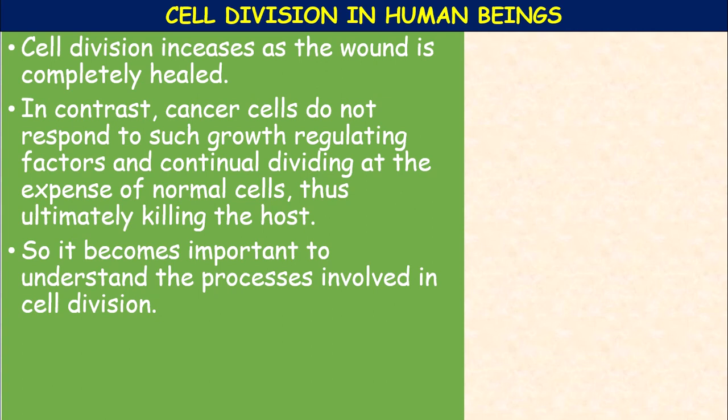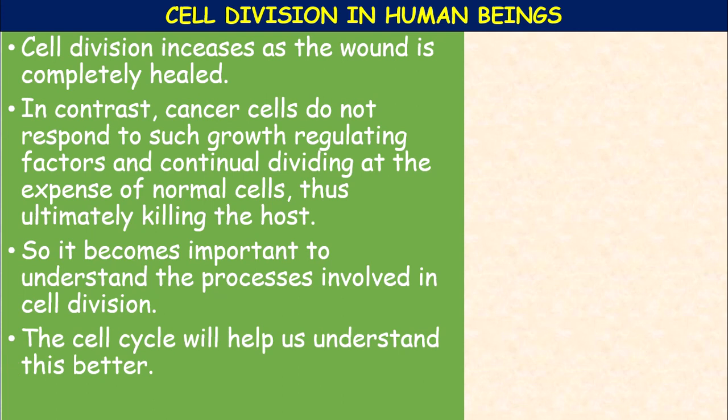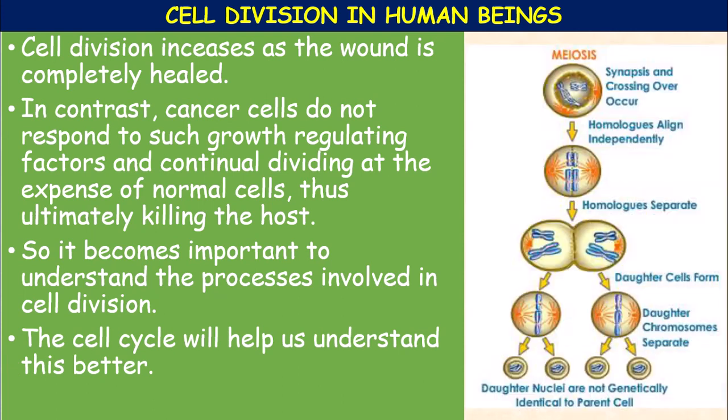So it is important to understand the process involved in cell division. So the cell cycle, to understand cell division. Okay? So the cell cycle has interphase and the mitotic phase.